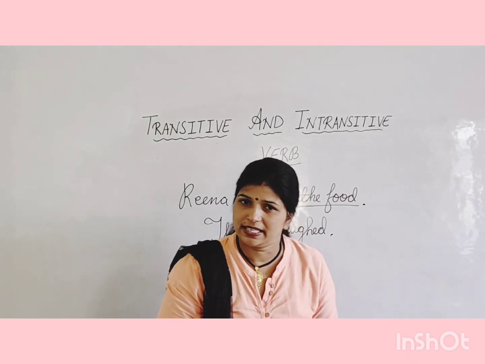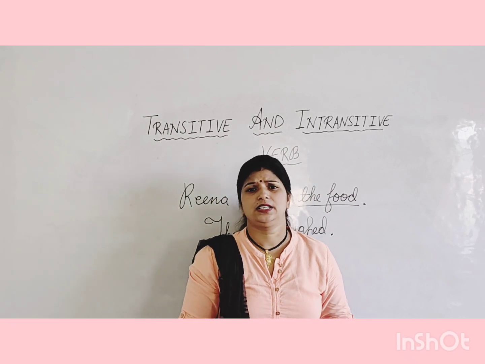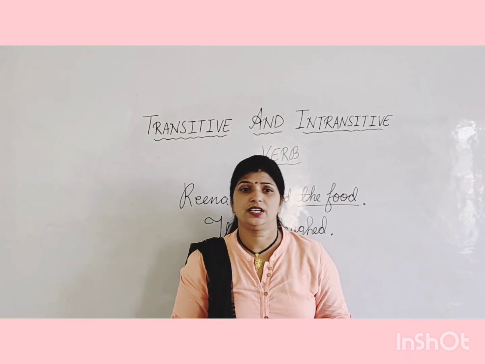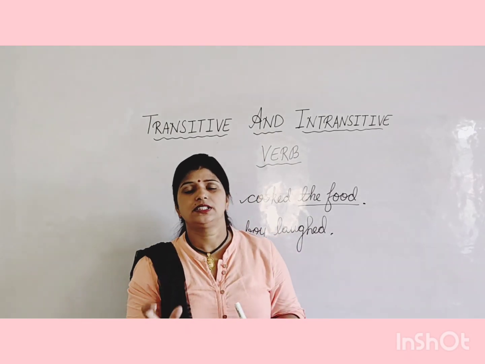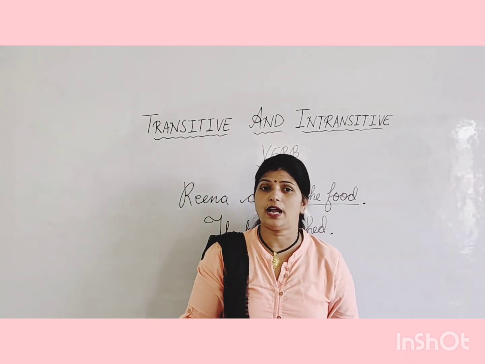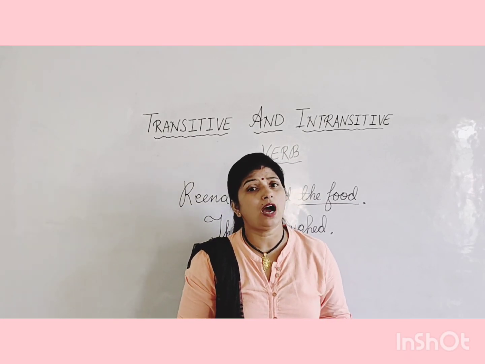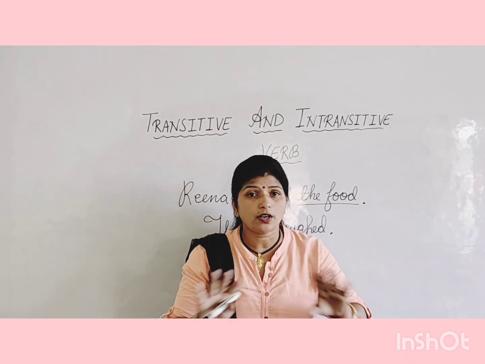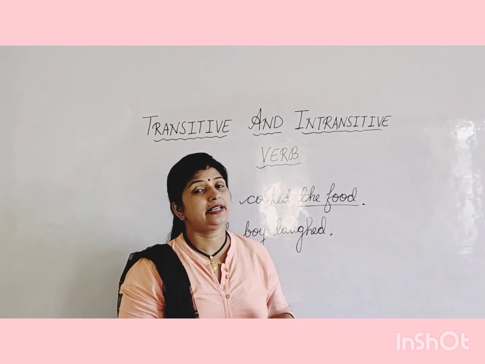So it is making a complete sense. The sun shines. The girl danced. All these, laughed, shines, danced, are verbs, and all these sentences are making a complete sense. They do not require any object to complete their sentences.